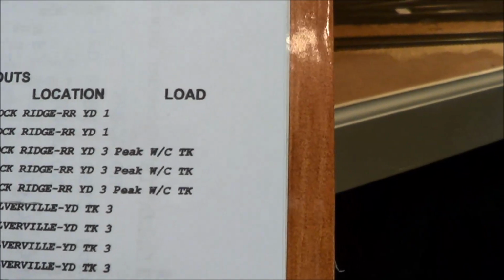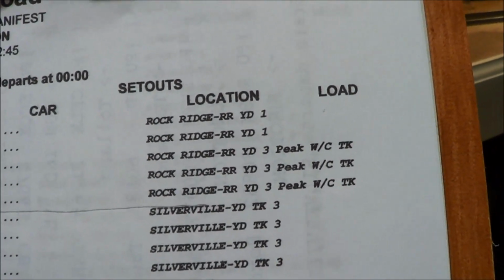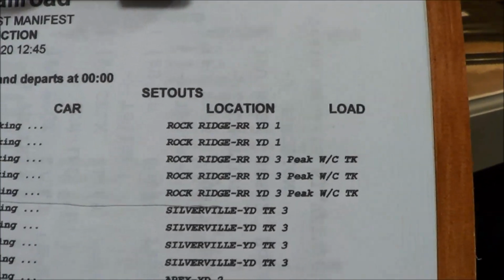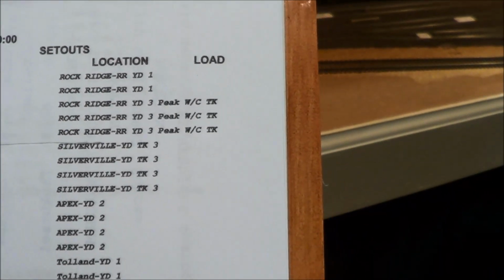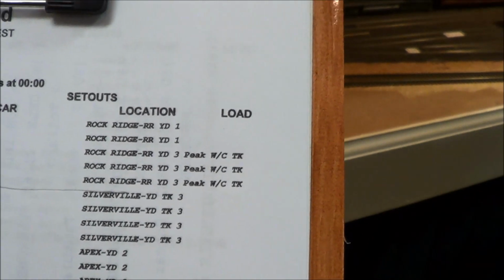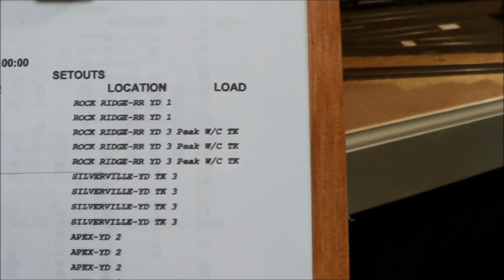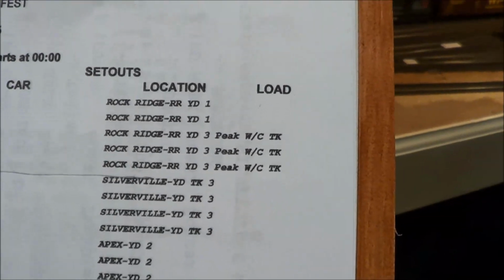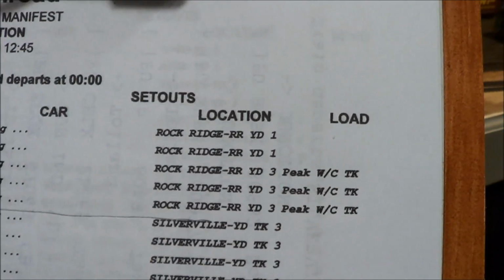So anyway, while we were away, what happens here is, if we're going to have a big operating session on a Saturday, where we're going to have the whole crew in here operating, on Friday when the club guys come over, they'll pull these trains out and block them.